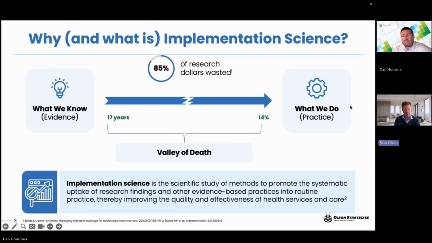So we're talking billions left on the table of sort of a missed opportunity of what a pharma company could have earned if they had actually addressed some of these implementation barriers.